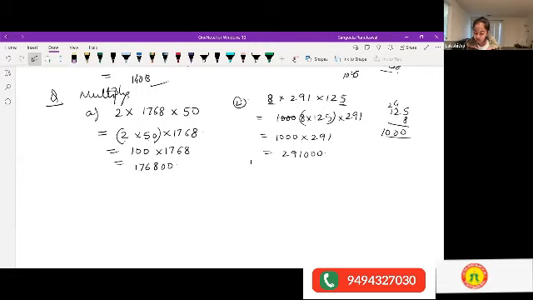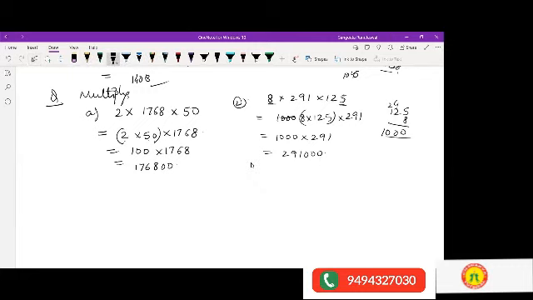What should we do for 13 times 108 in brackets? That is with suitable rearrangement only. 108 can be written as 100 plus 8. Now here you can apply your distributive property that we studied today. 13 into 100 plus 13 into 8.